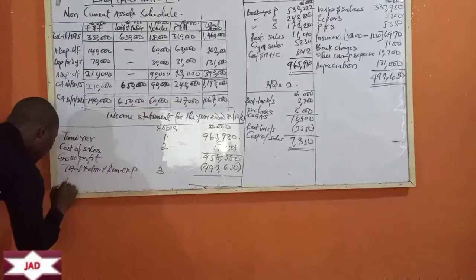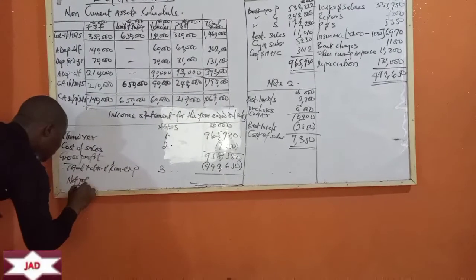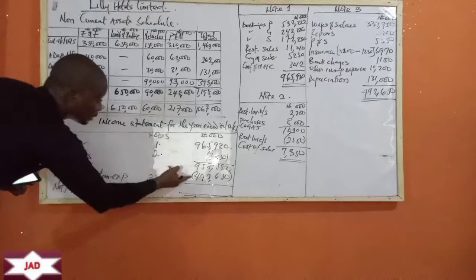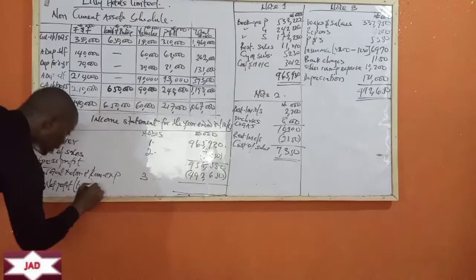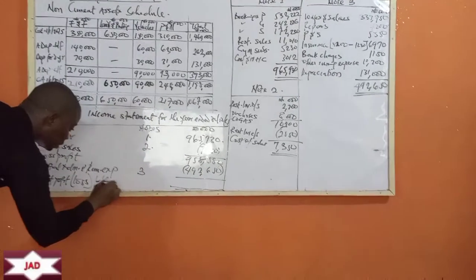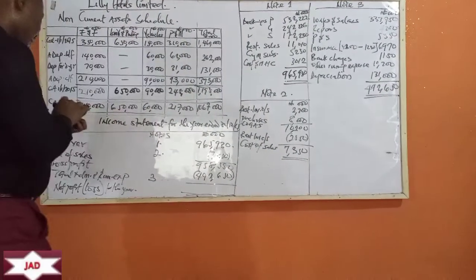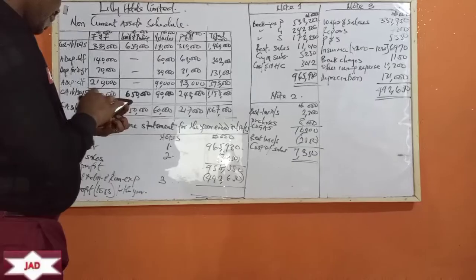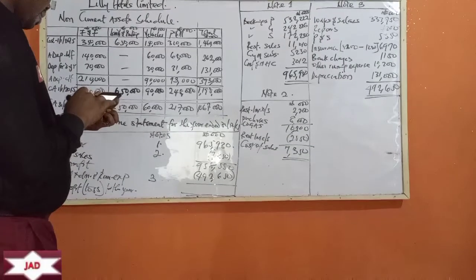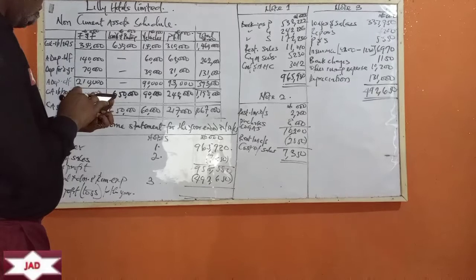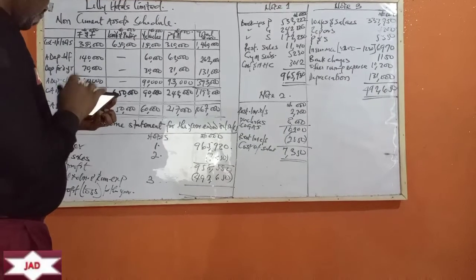So we'll take this out. So this should be our net profit or profit for the year. Loss is when your expense is more than your income. So it's 958,580 minus 492,650.